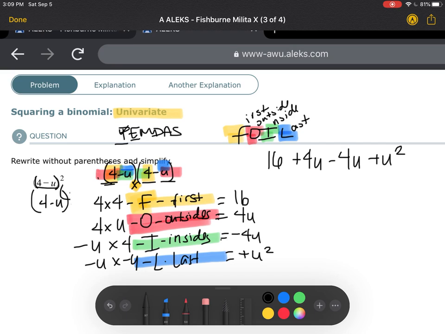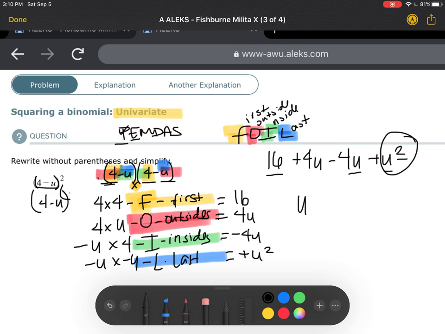Now, when you write this, you always want to put the u squared, or whatever the squared part is, first. So you go from your squared term, to just the term, to just one. You don't need to know that; if you don't put it in the proper order, it's not going to tell you that you're wrong.